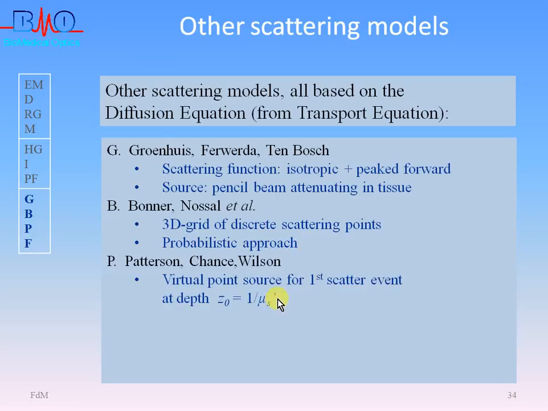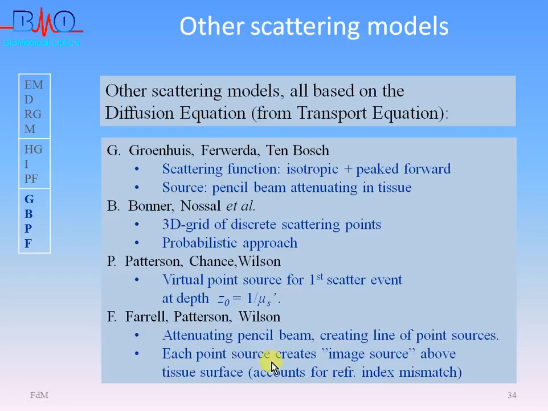Patterson, Chance and Wilson used a virtual point source for the first scattering event at a certain depth in the medium, and that was also used by Farrell, Patterson and Wilson with image sources above the tissue surface.